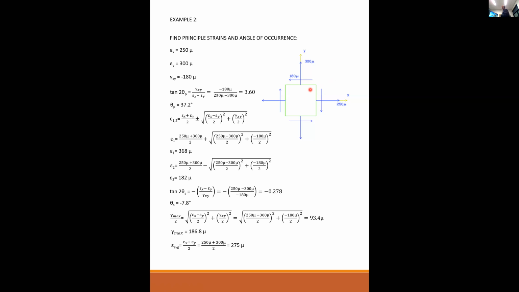If they're going towards this top right quadrant, then it's a positive shear strain. They're going away, so it's a negative shear strain. That was given, and all we're doing is transforming this through an angle to get to our maximum, which is here.